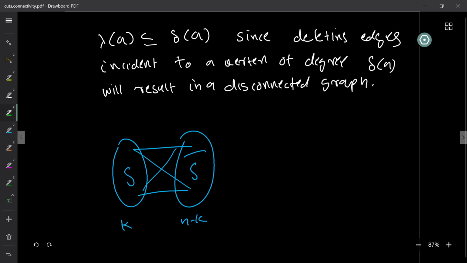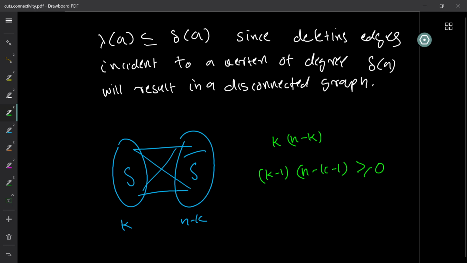If all edges are in between, then the total number of edges is k into n minus k. But now, (k minus 1) into (n minus k minus 1) is greater than or equal to 0.